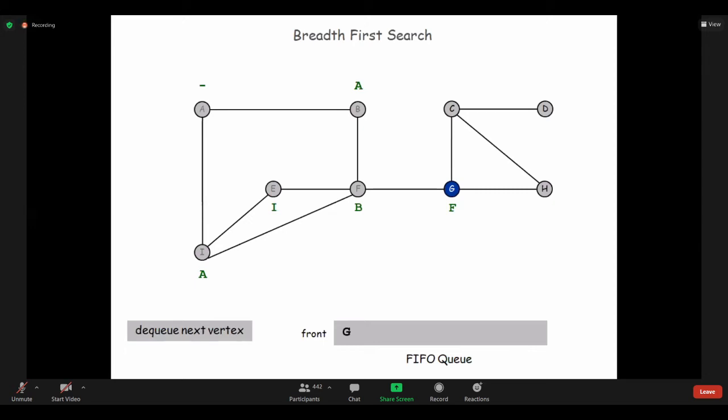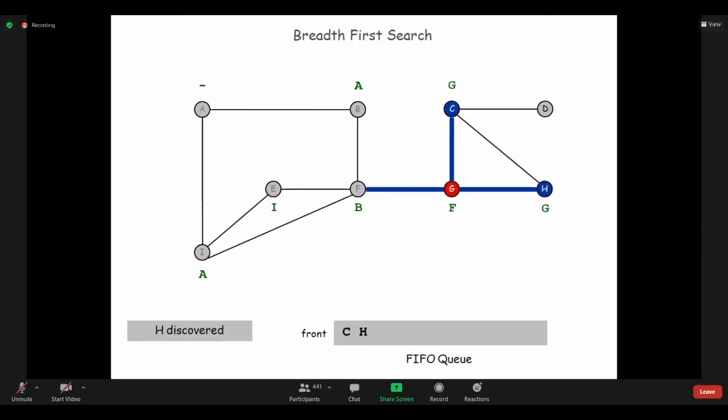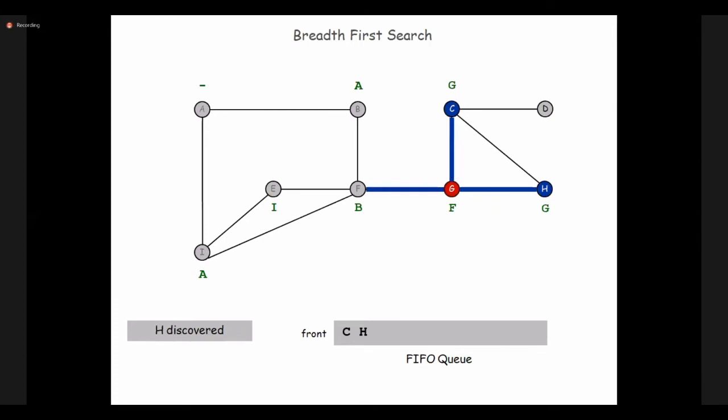So I am going to insert only C and H. After visiting the adjacent vertices, G will be removed from the Q. Then we should remove C from Q and write the adjacent vertices for C.